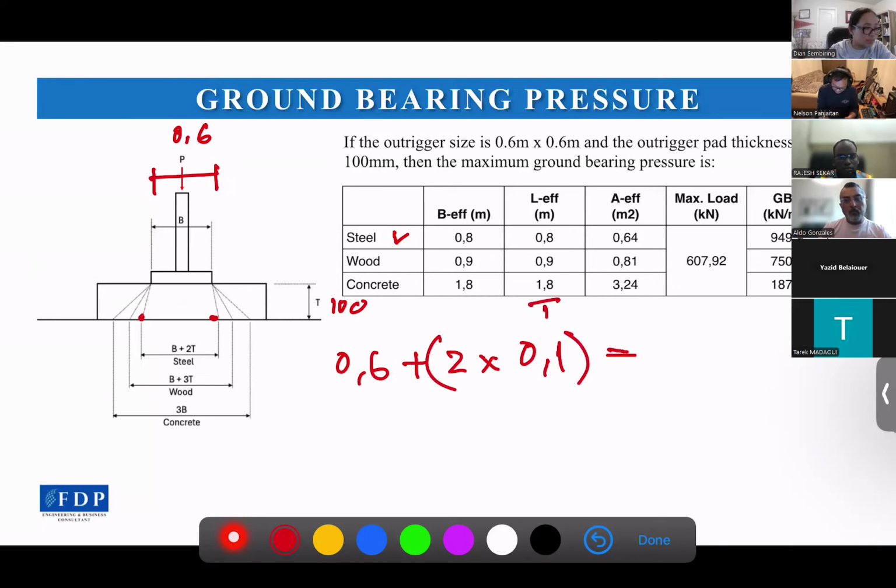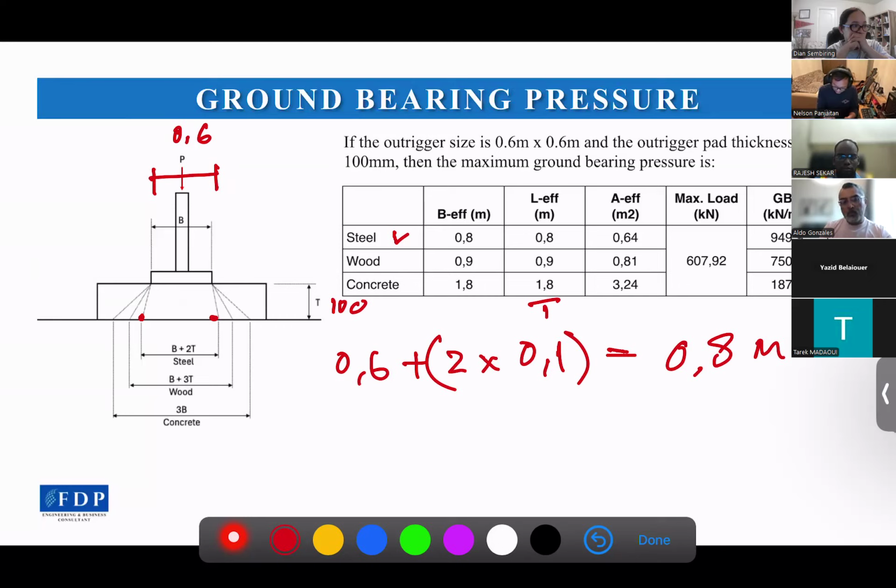So that's how we get the B effective of 0.8 meters. And it will be the same with the effective length, correct? Because it's a square, 0.6 times 0.6.